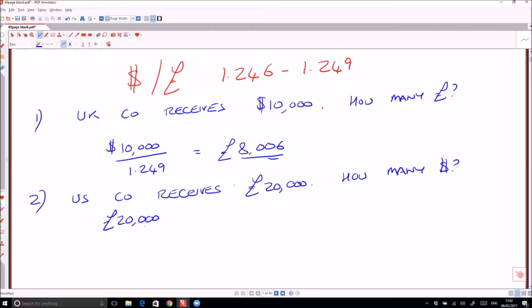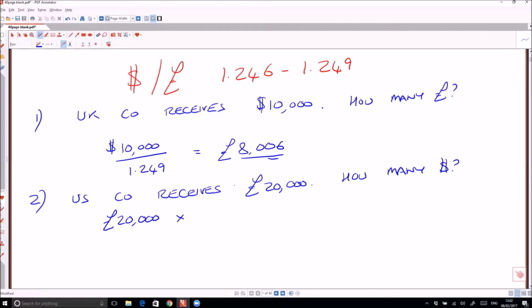What's the first thing to say to ourselves? Well, what are we doing here? We're converting from the pound, and the pound is the base currency. And what does rule number 2 say? If you're converting from the base currency, it's a multiply. What should we then say to ourselves? Here you have to think a little bit carefully. We must think, what are we doing to the counter currency?